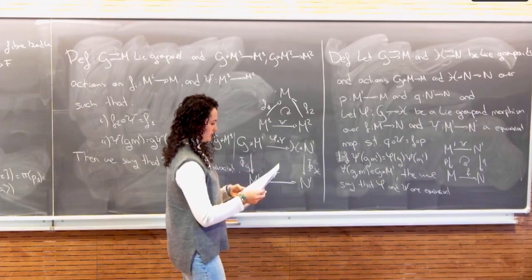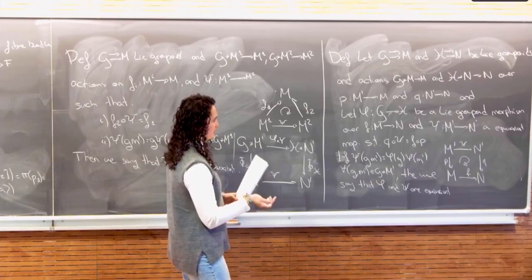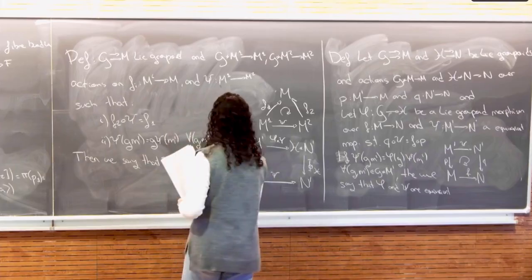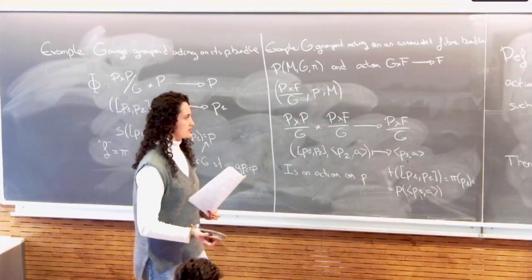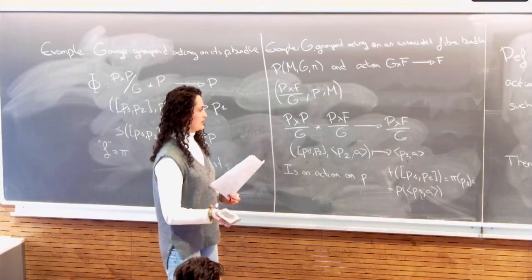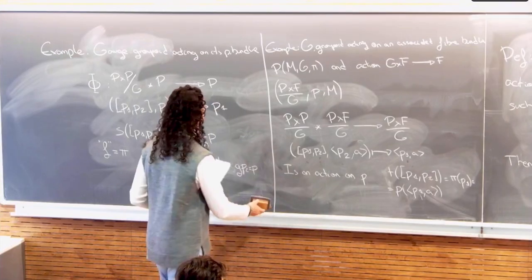So we have this tool to compare different Lie groupoid actions, and we want to apply it to the case we talked about, locally trivial Lie groupoids.